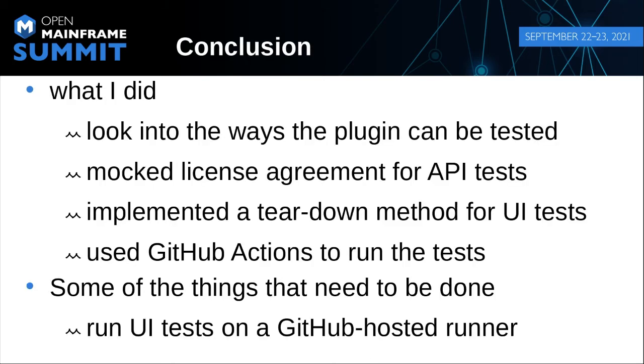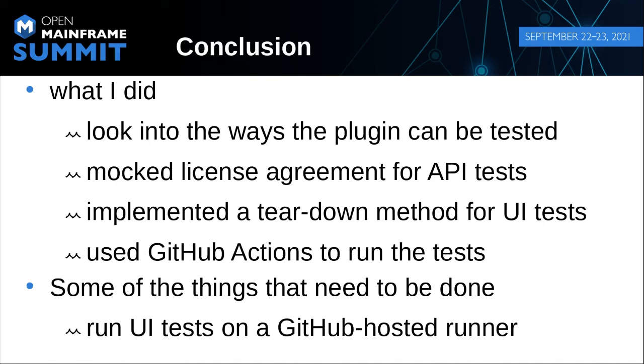In conclusion, I was supposed to look into the ways the future plugin could be tested. I identified some classes which might be possible to unit test, looked into how the API tests work and mocked the license agreement so they can actually be run in the version of the code that I have received.